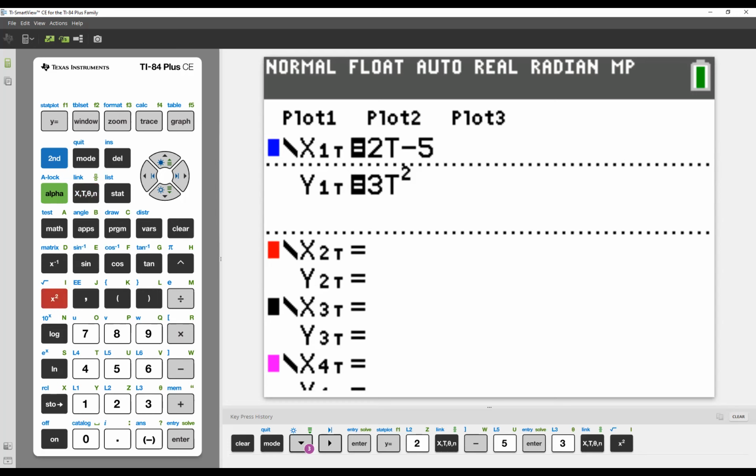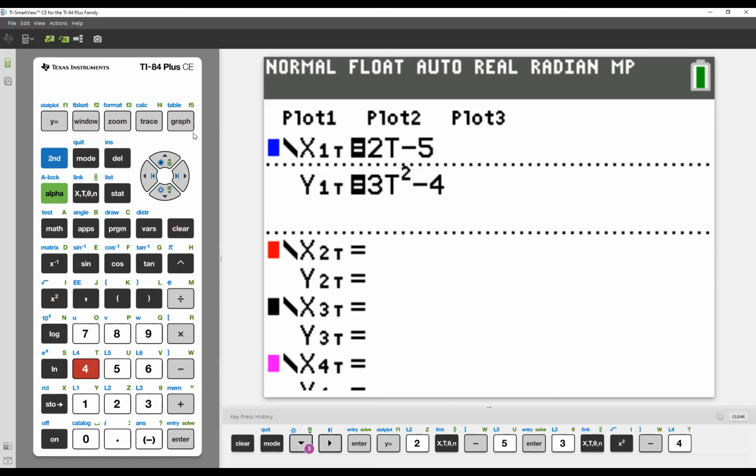Was that right? 3t squared minus 4. So we can change our mode with the mode setting button over here on the left.